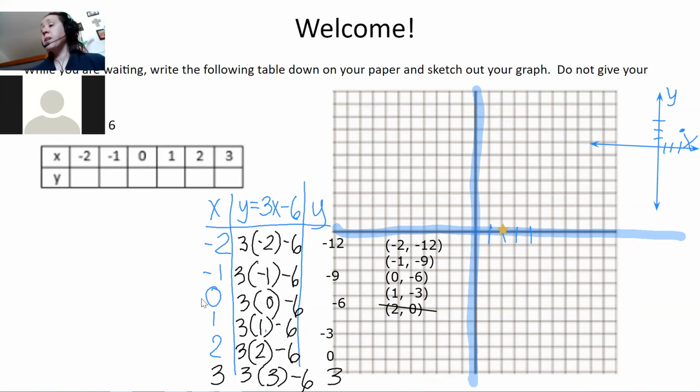Bless you. Oh my goodness. Piper, can you graph 1, -3? Cool. Thank you. And then Freya, what about 0, -6? That's perfect. Good job, guys.